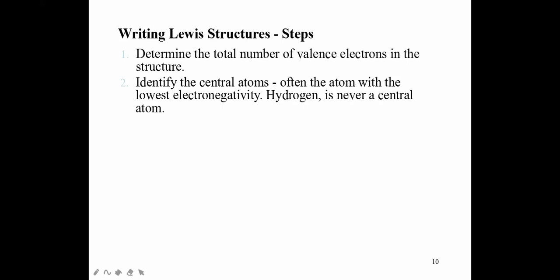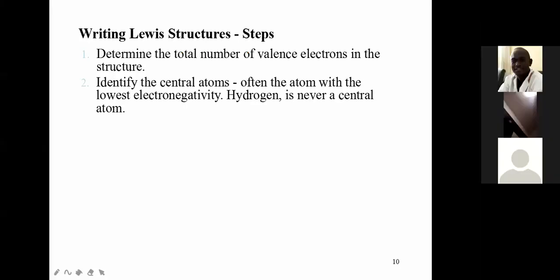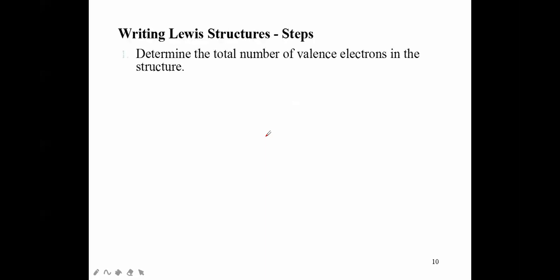In writing Lewis structures, we follow the following steps. First, we determine the total number of valence electrons in the structure.